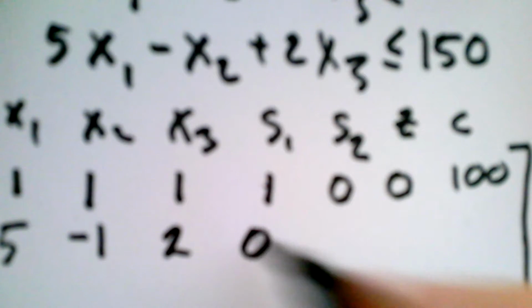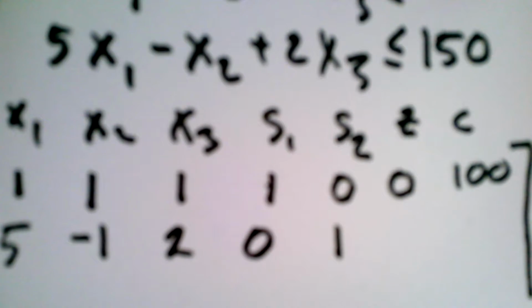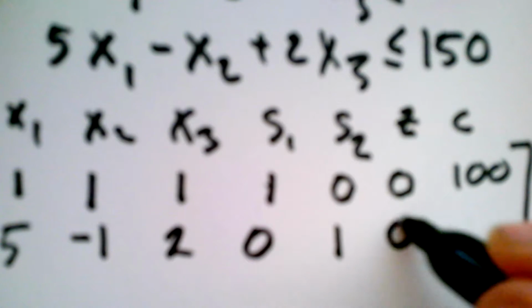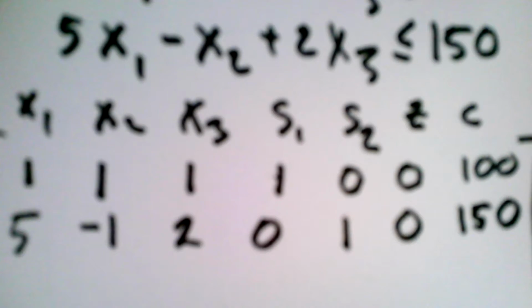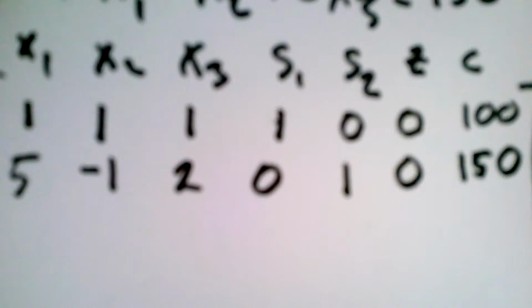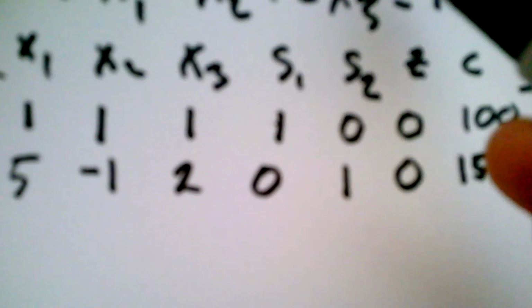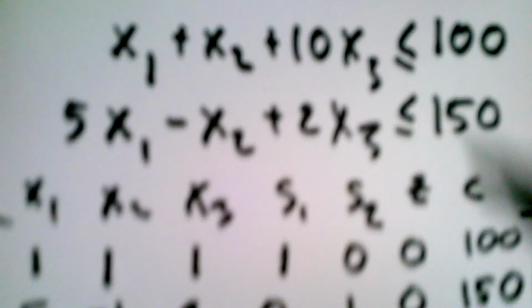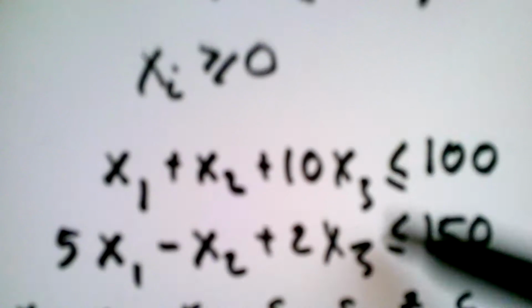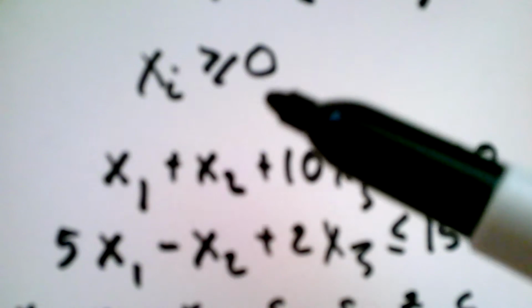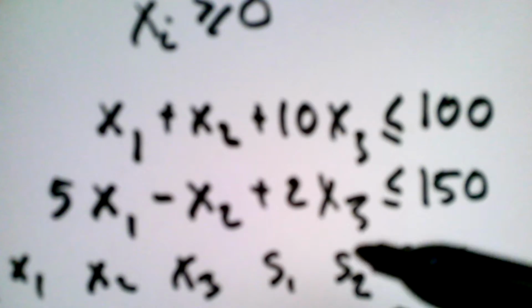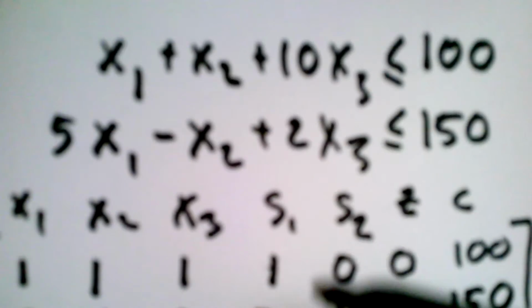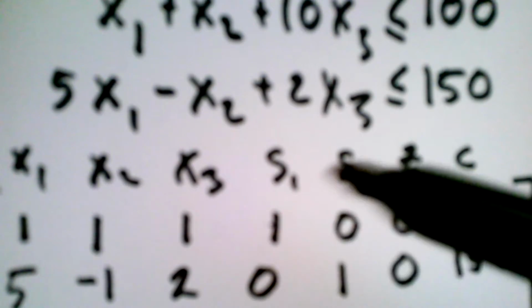This is the second equation, so it gets a 1 in the second slack variable. It has no z's in it, and its constant was 150. There we go. And the last row, since we've used both of our non-trivial constraints, I'm going to call these the trivial constraints, because they're required to do this procedure. The non-trivial constraints, we have 2 of them, and we have 2 rows representing the 2 of them.